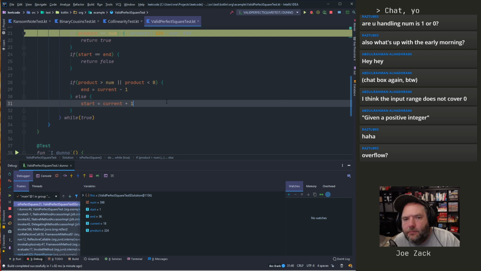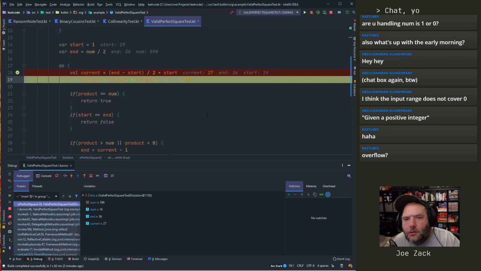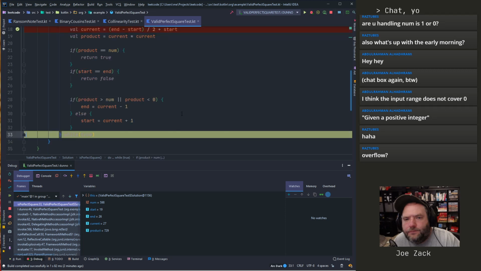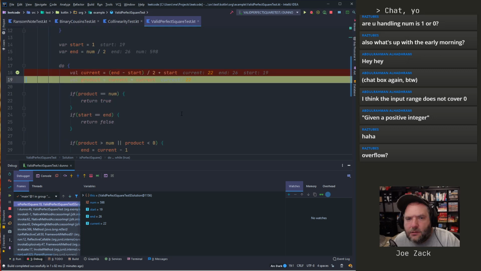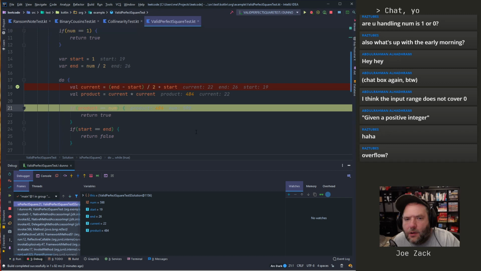Okay. Current is 27. Makes our product too big. So we should go smaller again. So we're heading down, getting close. So this is probably just the infinite loop. 484 is going to be too small, so we're going to go back to the right.